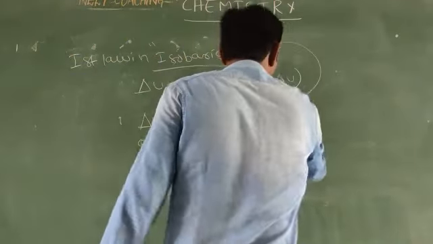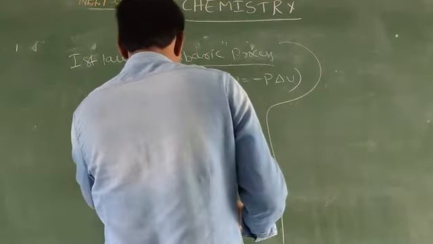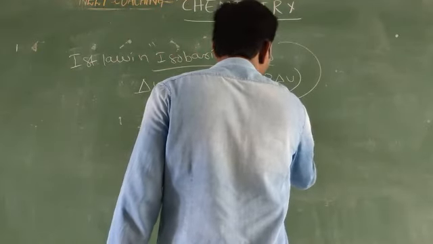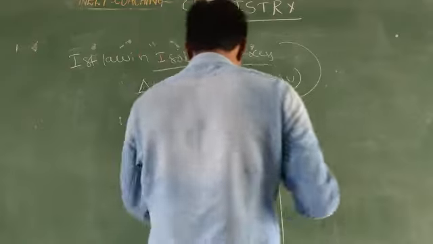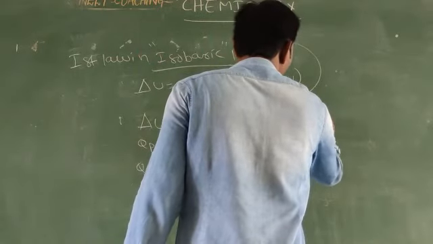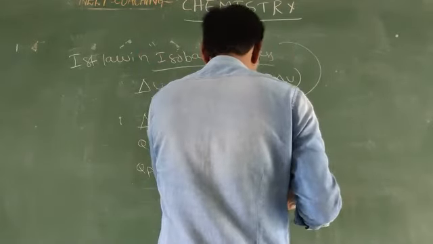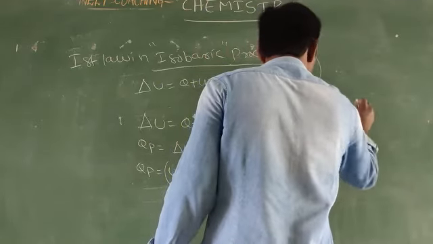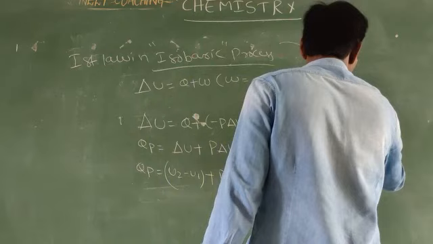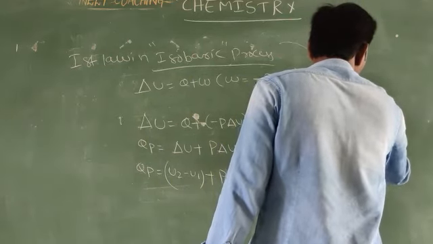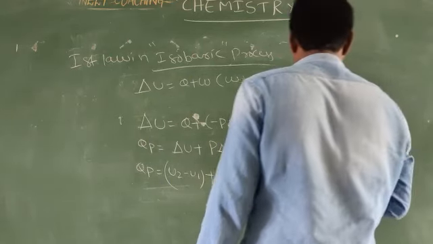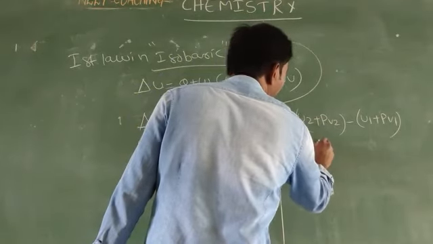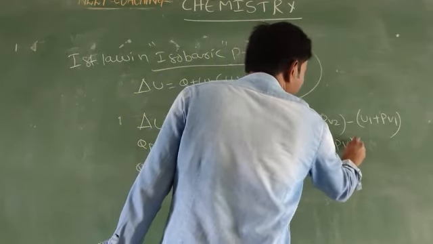So QP equals U2 plus PV2 minus U1 plus PV1.